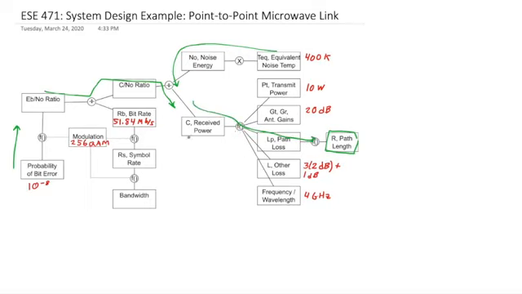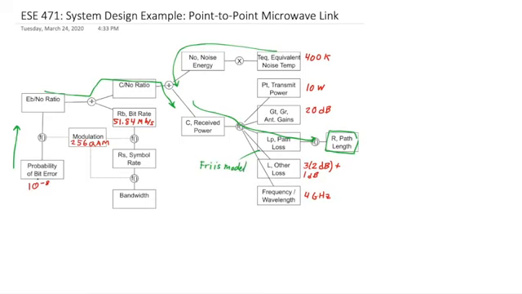I should also mention that this path loss model, it says that there's a pigeon in the line of sight path. So that's one hint that you should use the free space path loss model, or the Friis model.